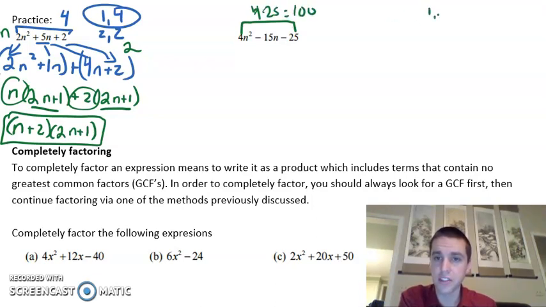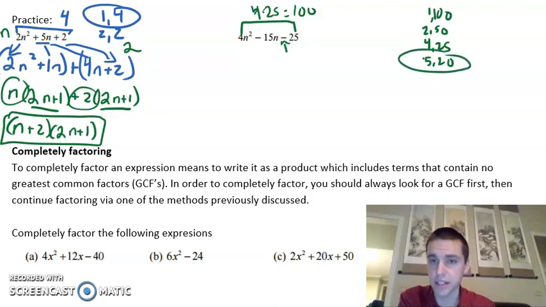So I'm going to write out my factors of 100: 1 and 100, 2 and 50, 4 and 25, 5 and 20. And right there I realize I'm looking for factors of 100 that subtract to give me 15. Well, there it is.